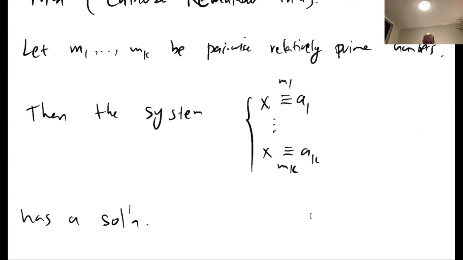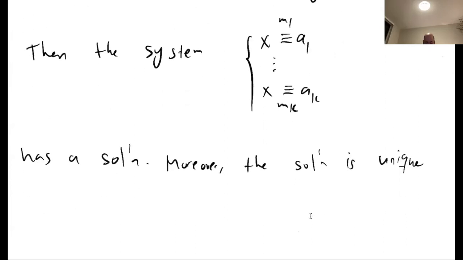So that's good news. It has a solution. Moreover, the solution is unique mod M, defined as M1 times M2 times up to MK.